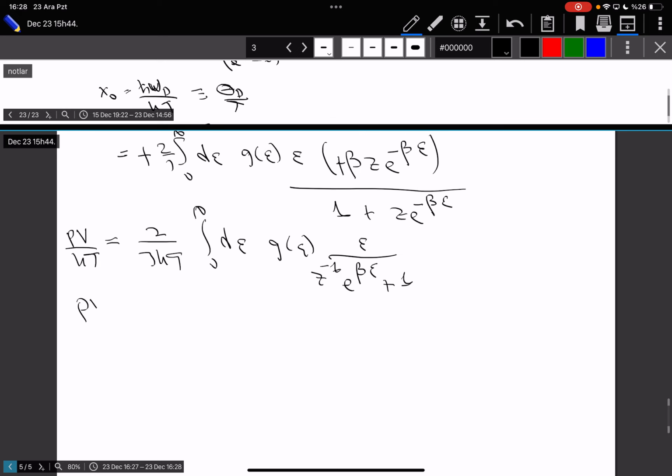So PV is 2/3 times that integral, which is nothing but the total energy. Whatever the temperature is, PV is always equal to 2/3 of the internal energy of the system. Whether you are at high temperature or low temperature, it doesn't matter. PV is equal to 2/3 of U. So any questions up to here?